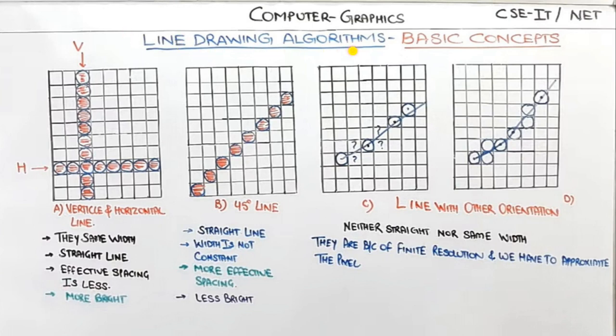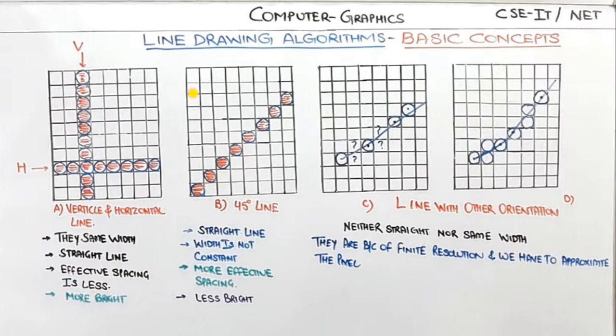So let's begin. We know that the raster scan display screen is a pixel screen, and here these are all the pixels. The phosphor screen is in the form of a grid.